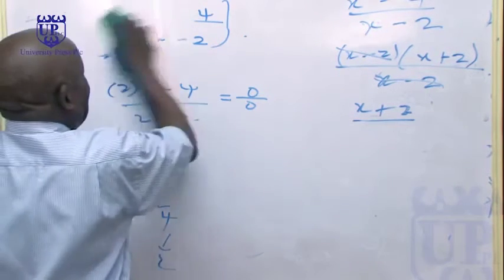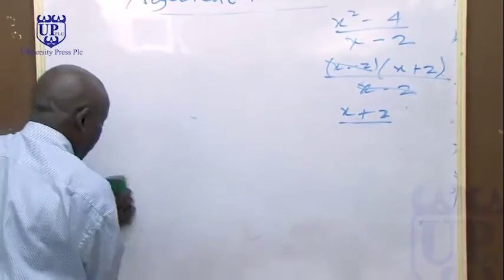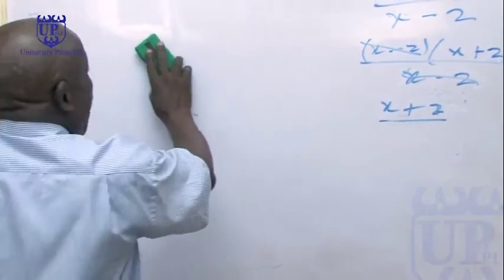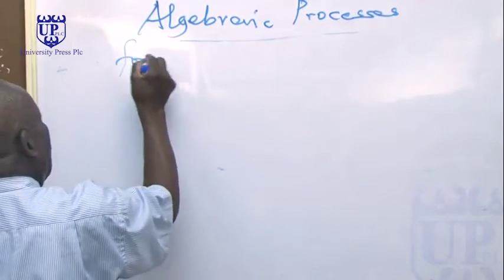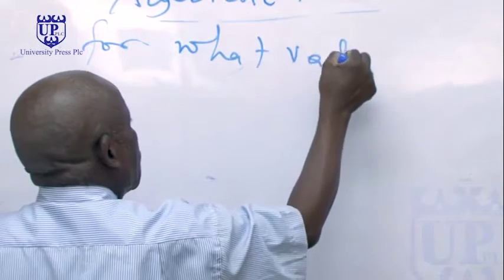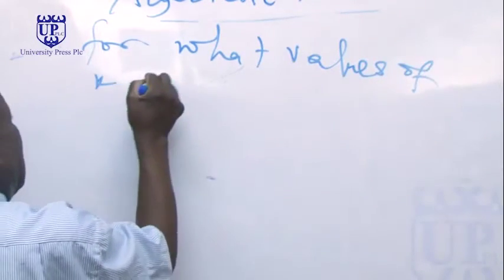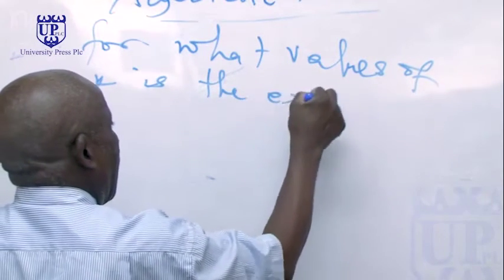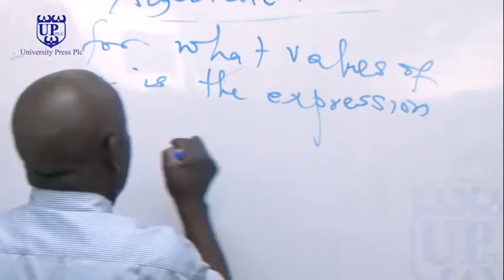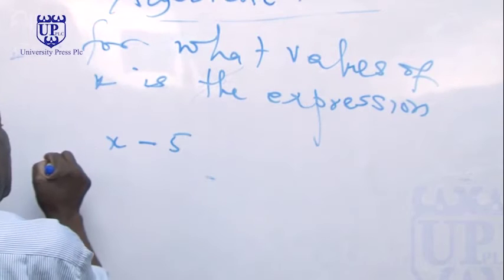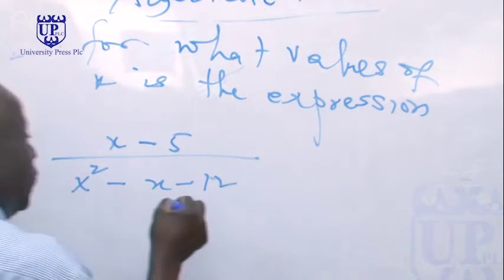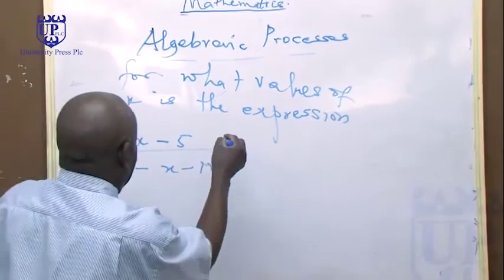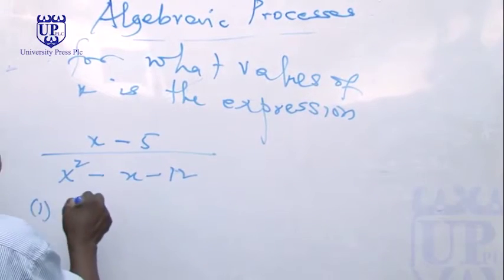The question says, for what values of x is the expression x minus 5, everything all over x squared minus x minus 12, one, 0?